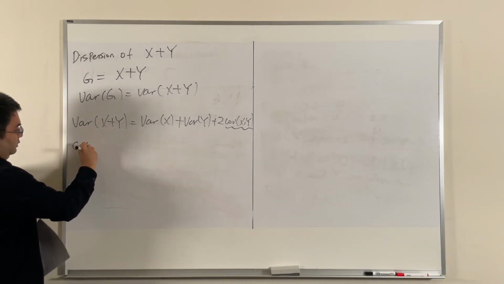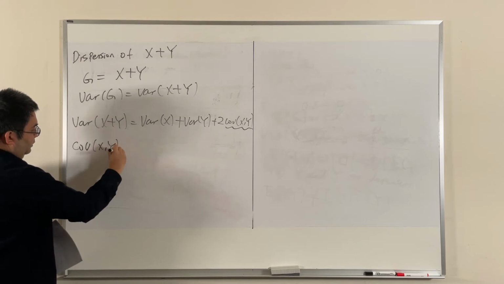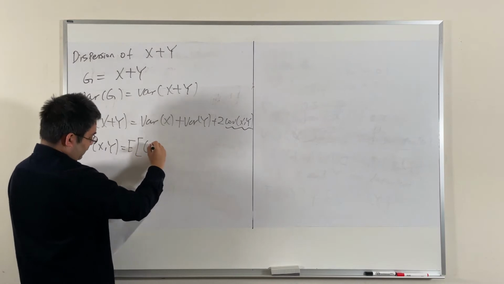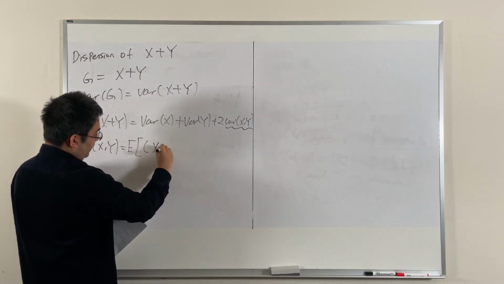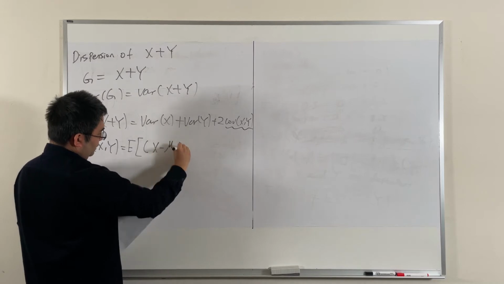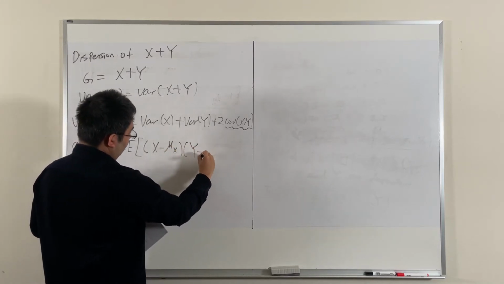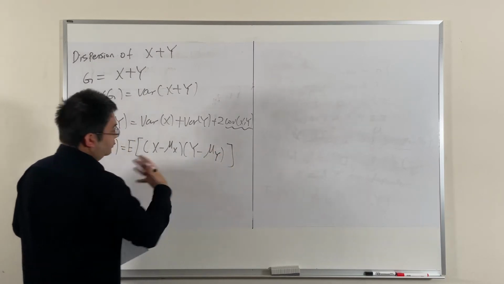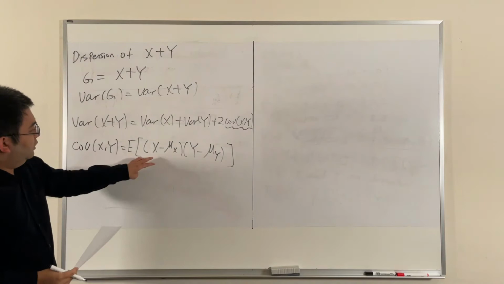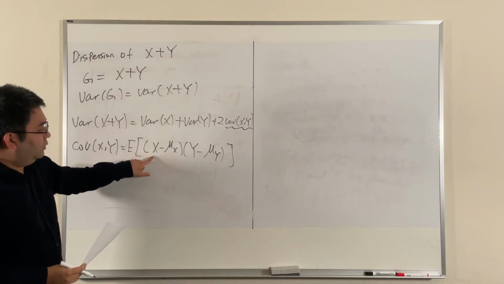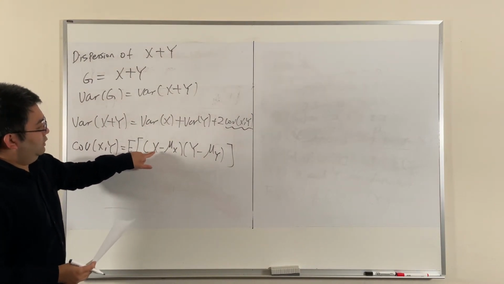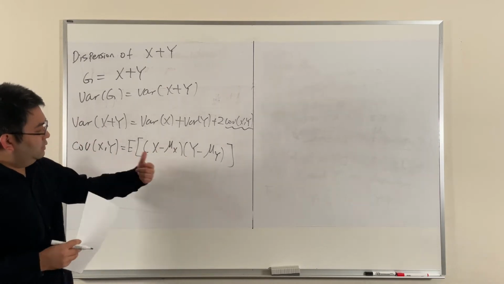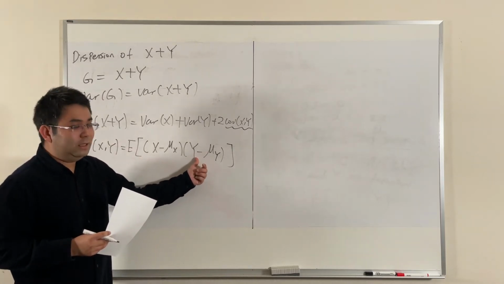Covariance of x and y equals the expected value of x minus mu x times y minus mu y, and then you take the expectation of it. What it means is that for each single possible outcome of x, you subtract the mean, and then you multiply by the y that's linked to this x.